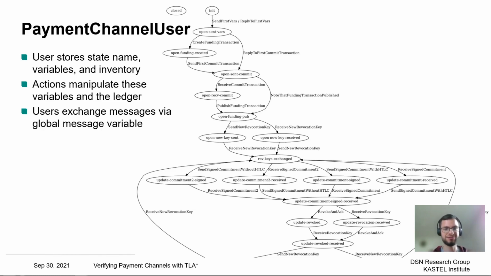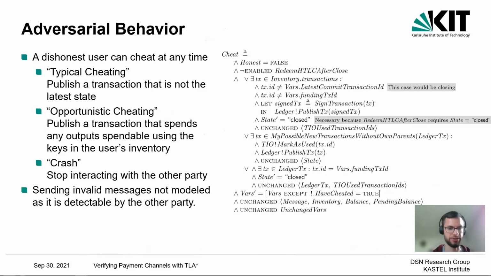To show you how such an action looks like, we look at one special action that is already the adversarial behavior. The action has a name cheat. So a dishonest user can cheat at any time. And there are different types of cheating.